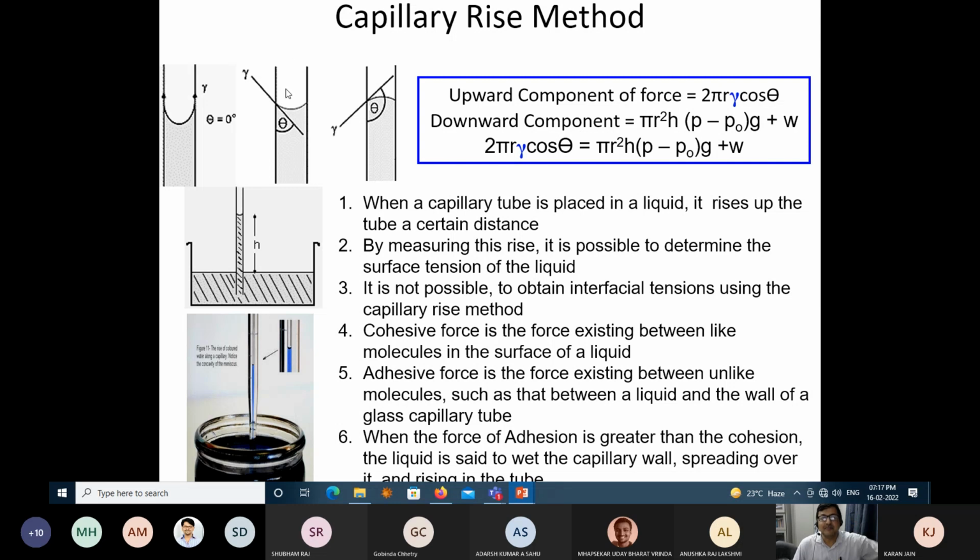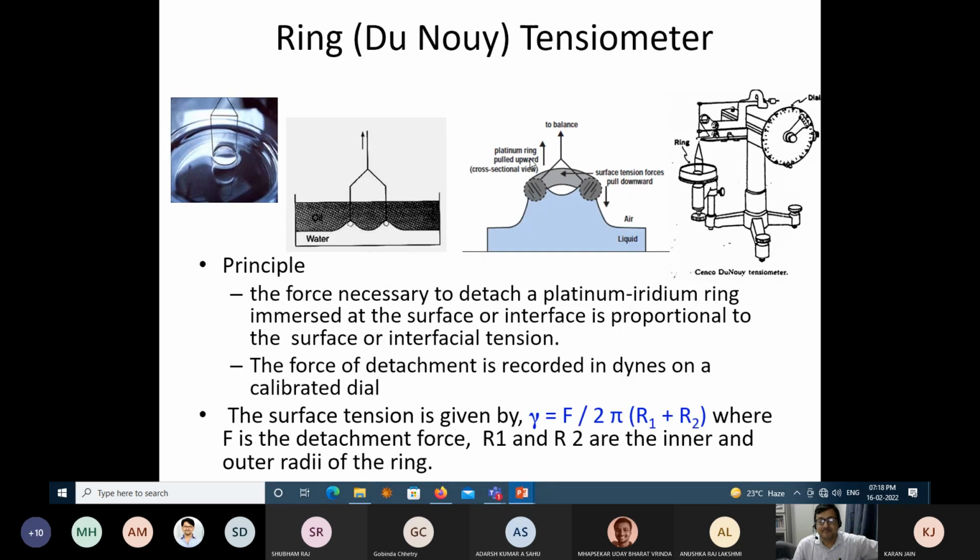In order to pull this up, surface tension is acting in the vertical direction, whereas in the downward direction it is the total weight. If you balance these two and measure the height, you will be able to obtain the surface tension gamma.